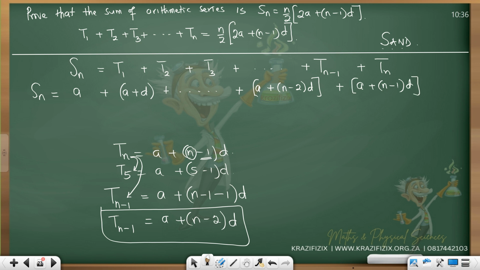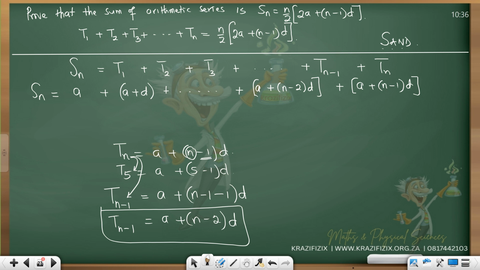I want to know if everybody is okay with the first line. Please let me know. Thumbs up, thumbs down. I only changed everything from T to A and D because my formula must be in terms of A, N, and D.